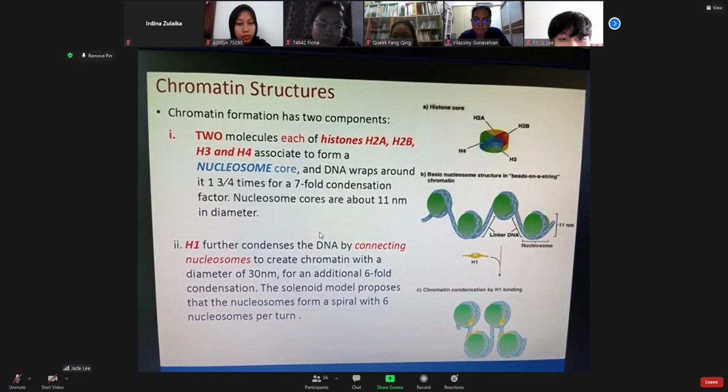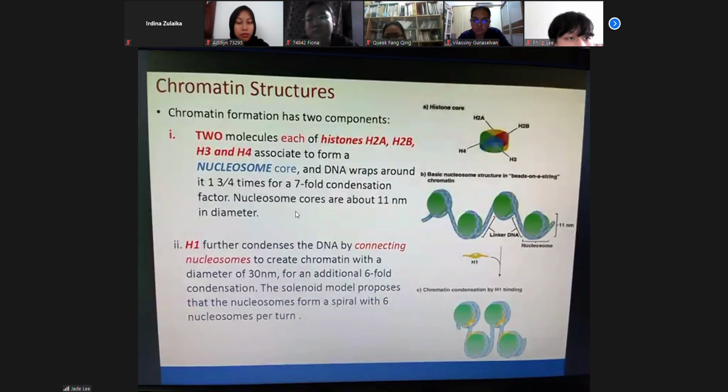Lepas tu satu bahagian menjadi H3, satu H4, satu H2A, satu H2B. Kamu lilitkan dia. Lepas tu kamu ada satu lagi menjadi H1. Kamu boleh buat you punya solenoid model tu. Kalau physical, I'll teach you how to do it. But oleh kerana tidak dapat bersemuka, so actually you all sendiri boleh cuba buat lah dekat rumah.